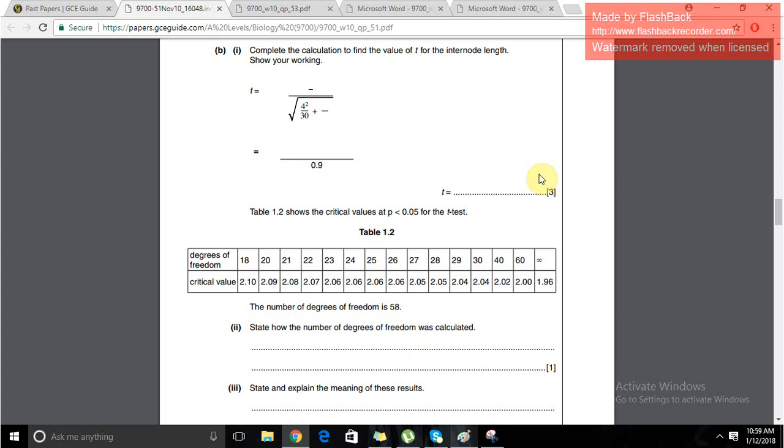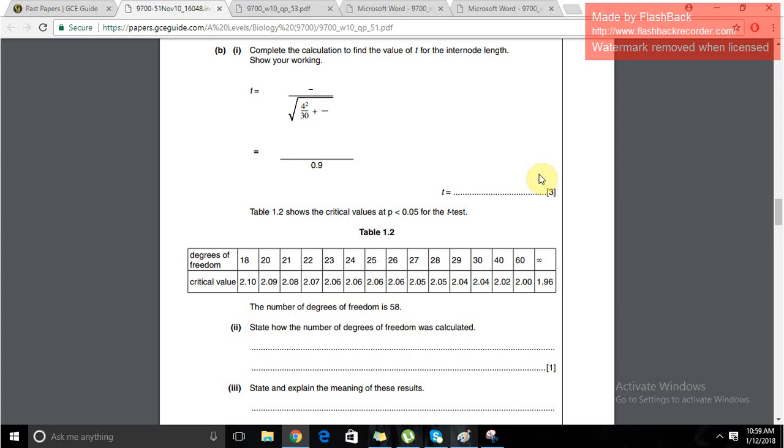So how many degrees of freedom do we have? What is degree of freedom? How do you calculate it? Because we're dealing with a t-test and there are actually 60 different leaves that you've taken, 60 minus 2 would be 58.